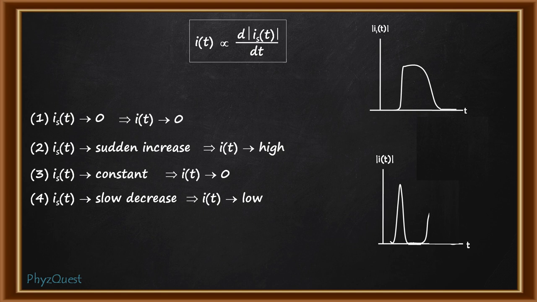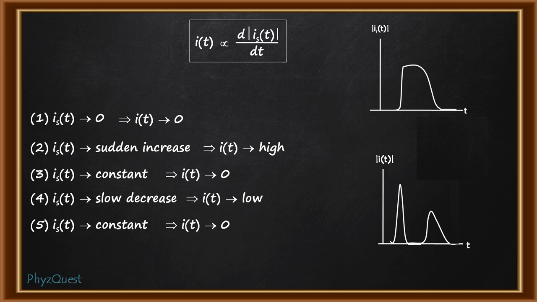This decrease in I_s continues until it reaches 0 or becomes constant, and once it reaches a constant value, I(t) will again become 0. So this is the plot which is the time varying function of the induced current.